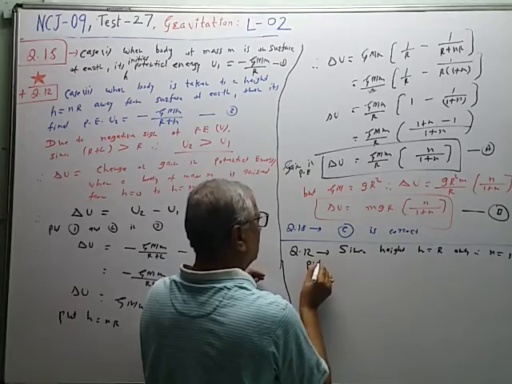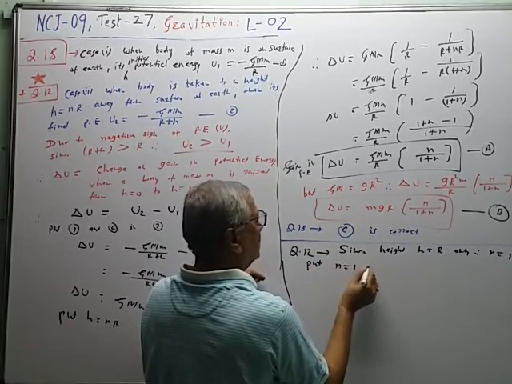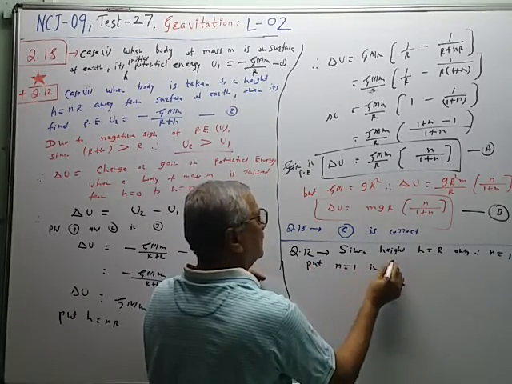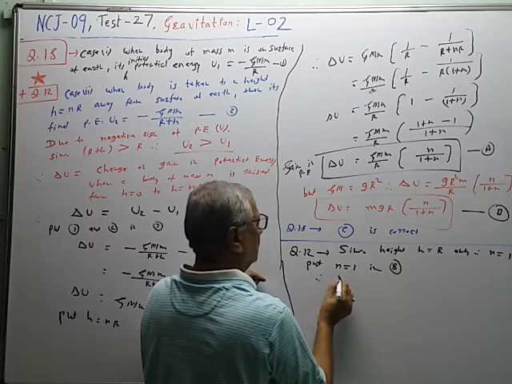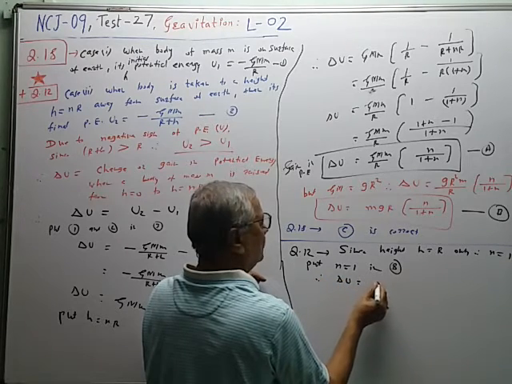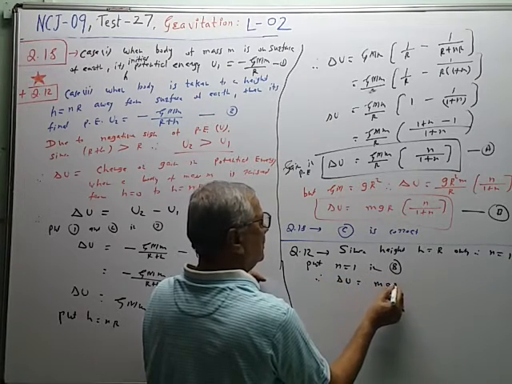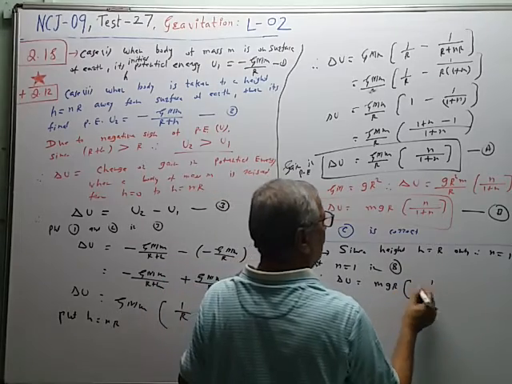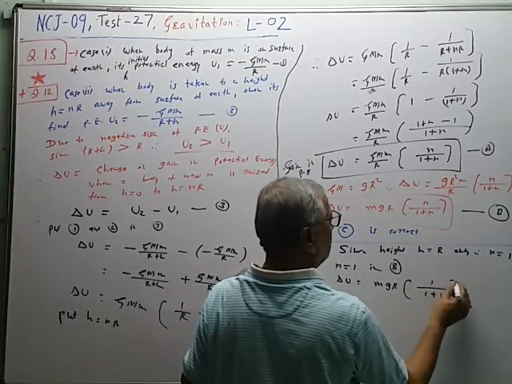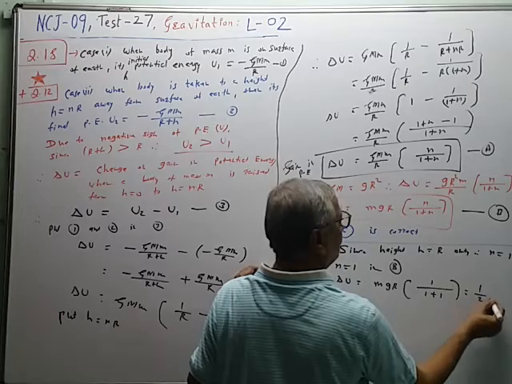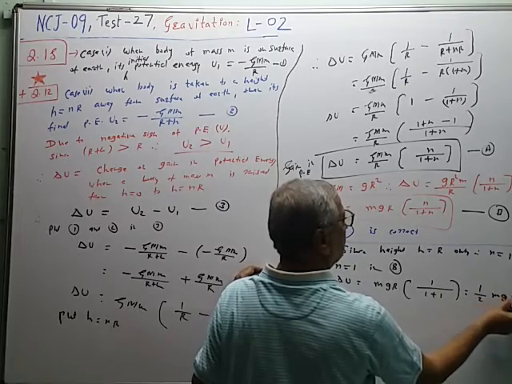Put n is equal to 1 in B, the delta U is equal to mgR into bracket 1 upon 1 plus 1, that is equal to 1/2 mgR.